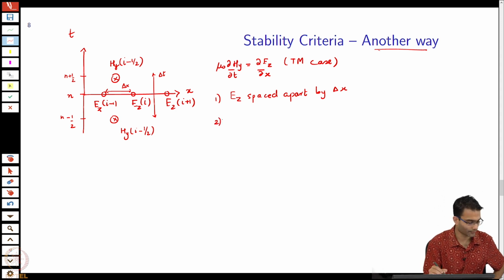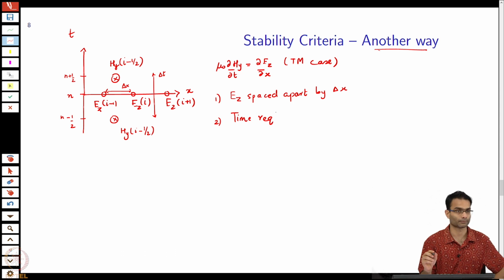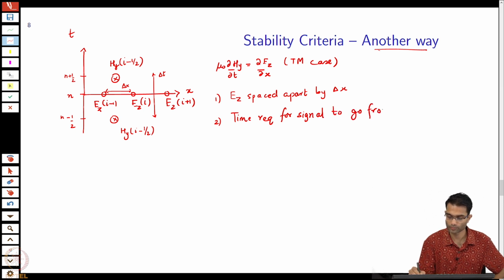What is the next thing? So, what is the time required for the signal to go? So, the physical time required for a signal to go from I minus 1 to I.